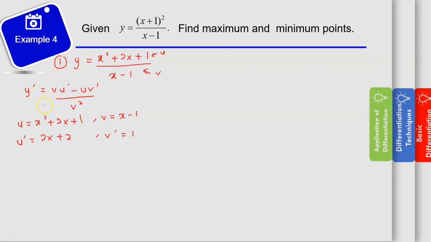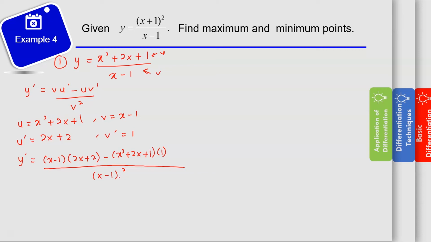When we substitute in this formula, we have y prime equal to v, that is x minus 1, times u prime, 2x plus 2, minus u, which is (x plus 1) squared, so x squared plus 2x plus 1, times v prime, which is 1, divided by v to the power of 2, so (x minus 1) to the power of 2.